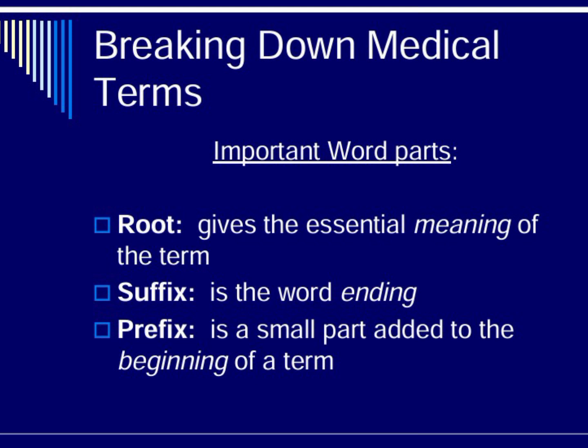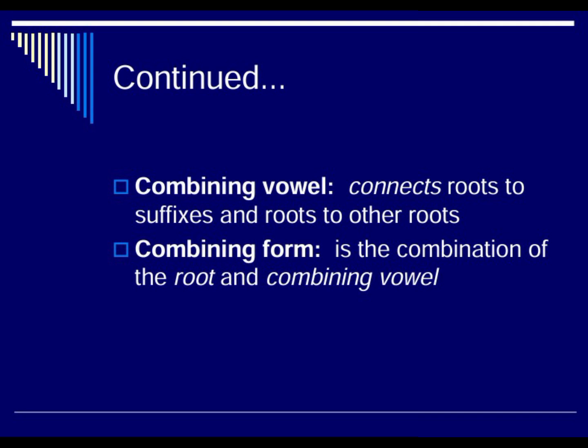The suffix is the word ending and the prefix is a small part added to the beginning of the term. The combining vowel connects root to suffix and root to other roots. The combining form is the combination of the root and combining vowel.